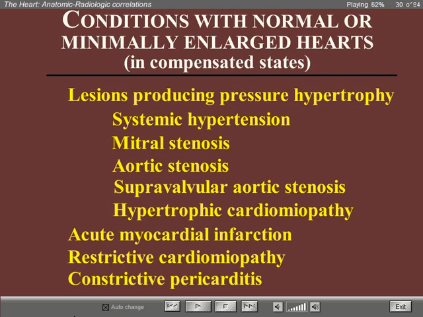Conditions of pressure hypertrophy include systemic hypertension, mitral stenosis, aortic stenosis, supravalvular aortic stenosis, and hypertrophic cardiomyopathy. Acute myocardial infarction, restrictive cardiomyopathy, and constrictive pericarditis generally show a normal or minimally enlarged heart.